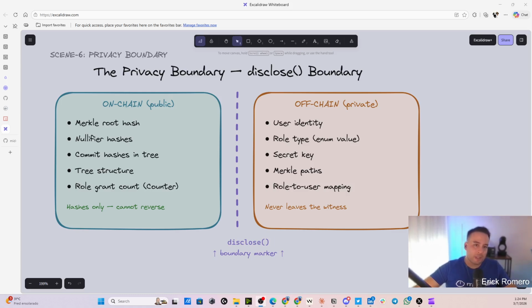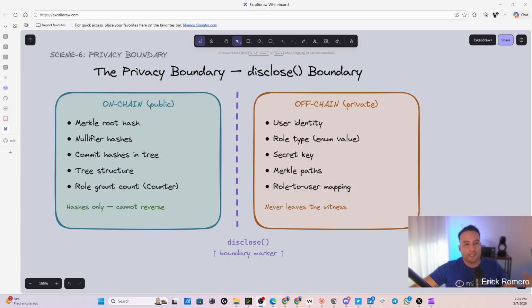Now, off-chain, private to the user: which user holds which role, the secret key used for nullifier generation, the Merkle path that proves membership, and the actual mapping from users to roles, the enum values, admin, LP, trader, behind each commitment.